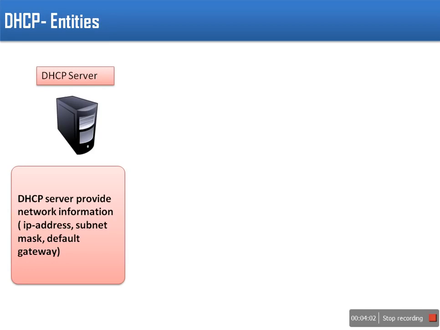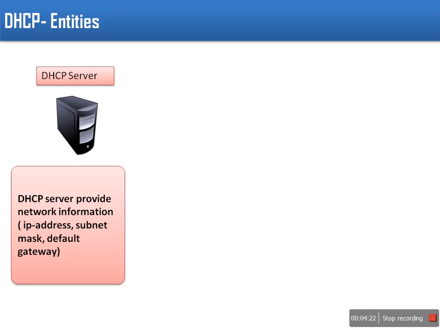First of all, we will see how many entities there are in the DHCP protocol. The first one is the DHCP server. This server provides IP addresses on demand. Whenever a new machine is connected to the network, it will provide an IP address to that machine for a particular duration, so it offers the IP address on lease.